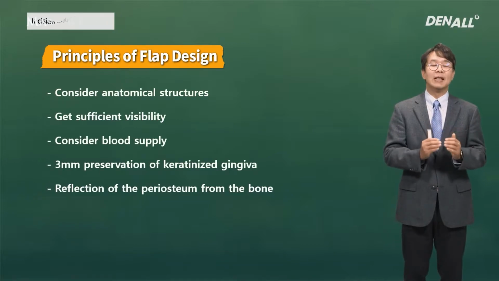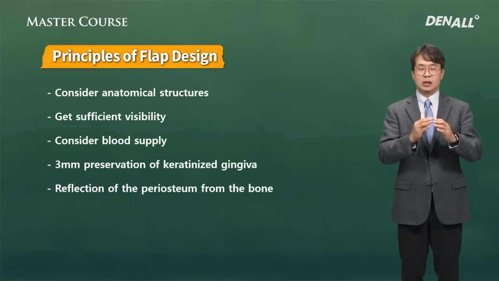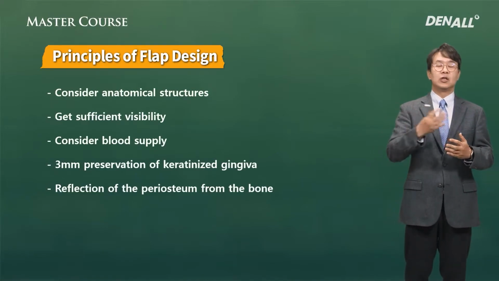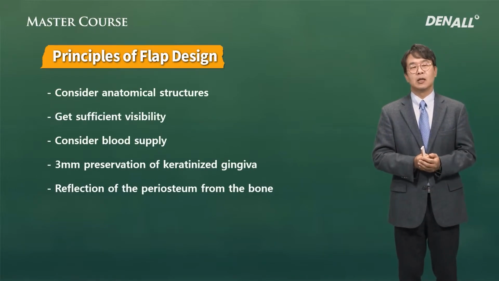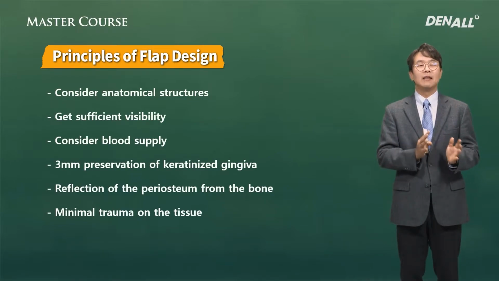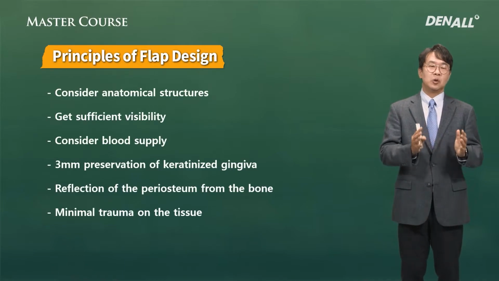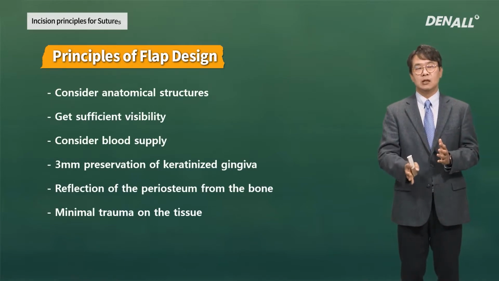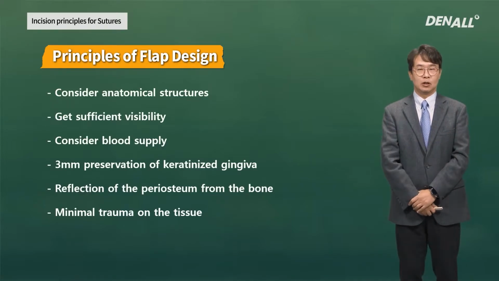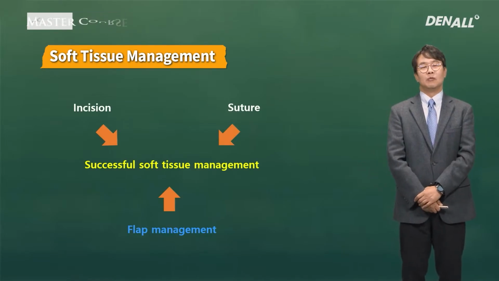There are procedures that exclude the incision of a periosteum, but other than that, you need to include the reflection of the periosteum from the bone when you design a flap. And many people overlook this. You need to pay attention to minimal trauma on the tissues. So the design should be made that way.